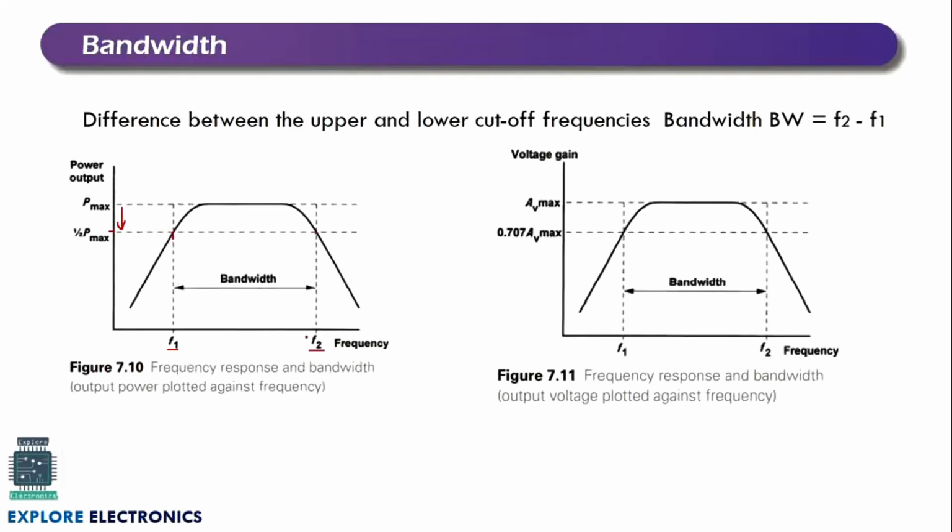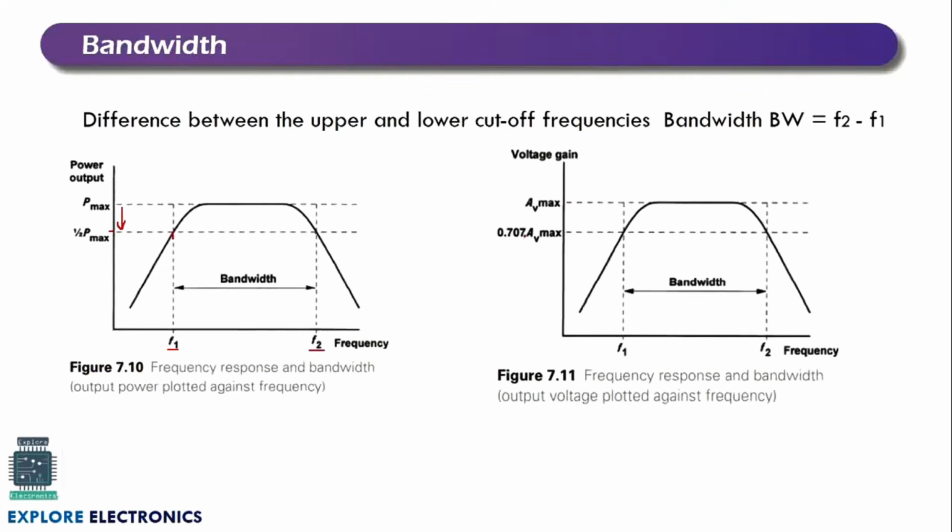If you take the difference between f2 and f1, the amount of frequency range we get, that difference is called bandwidth. Bandwidth is the difference between the upper cutoff frequency and the lower cutoff frequency. With respect to the voltage gain, you can observe here AV maximum, and we are taking 3 dB lower, that is 0.707 for the voltage.